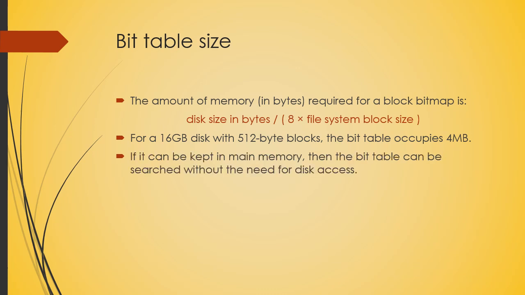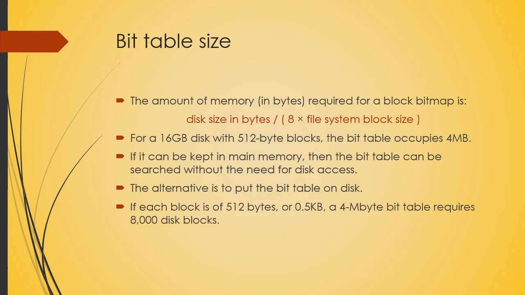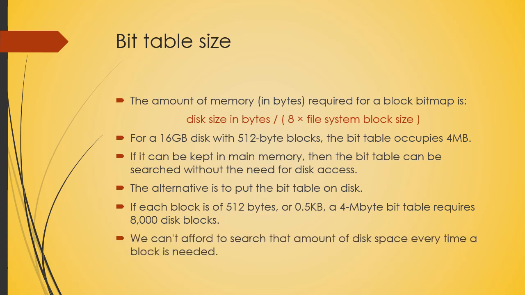If it can be kept in main memory, then the bit table can be searched without the need for disk access. The alternative is to put the bit table on disk. If each block is of 512 bytes or 0.5 KB, a 4 megabyte bit table requires 8,000 disk blocks. We can't afford to search that amount of disk space every time a block is needed.